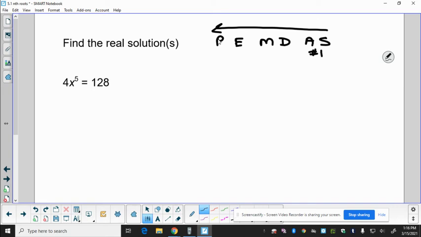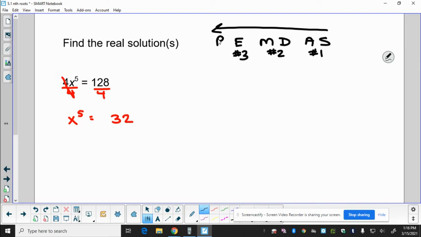Don't see anything. Step number 2 is do the multiplication or division. We see division. Step number 3, do you see an exponent? We do. So we need to undo that.